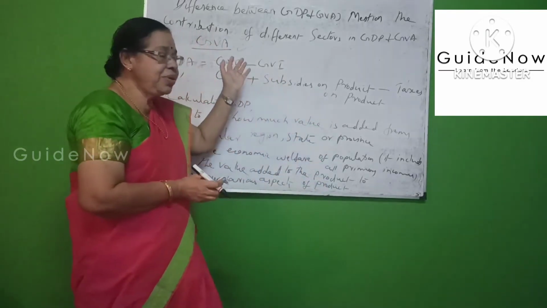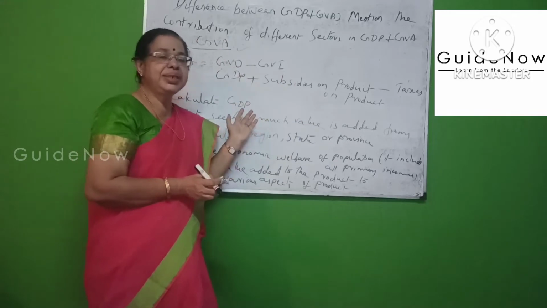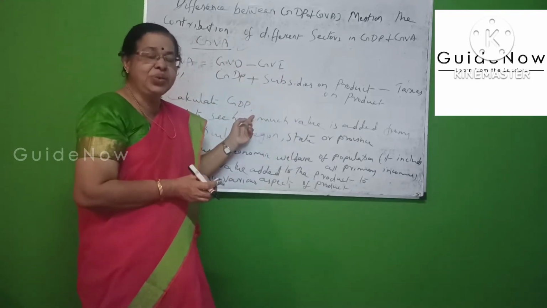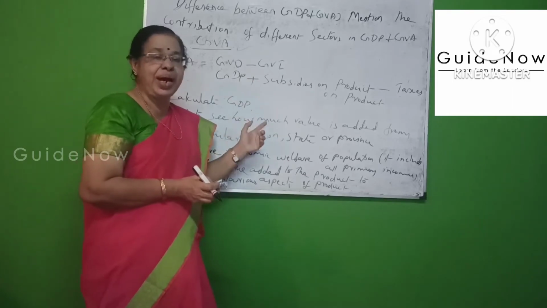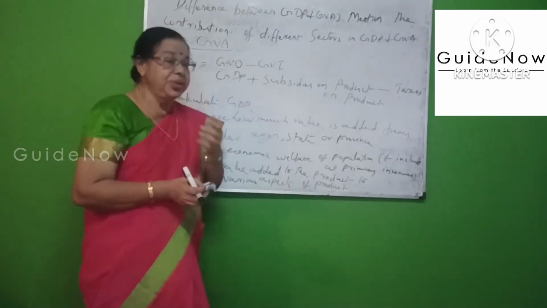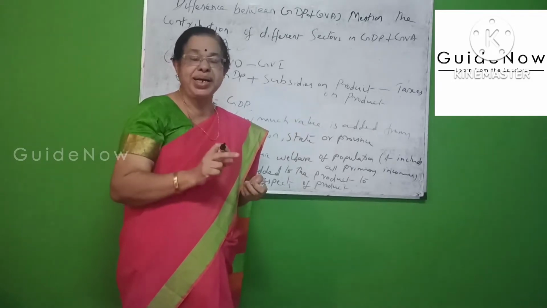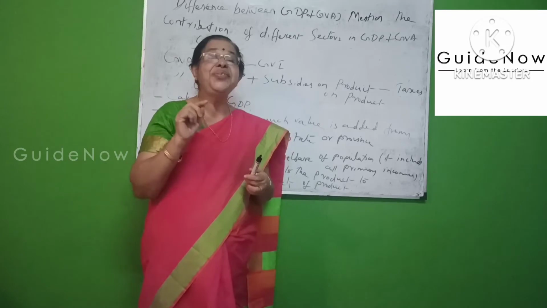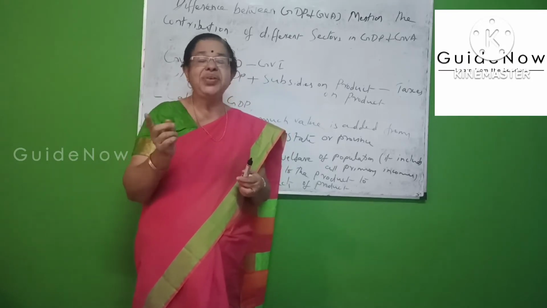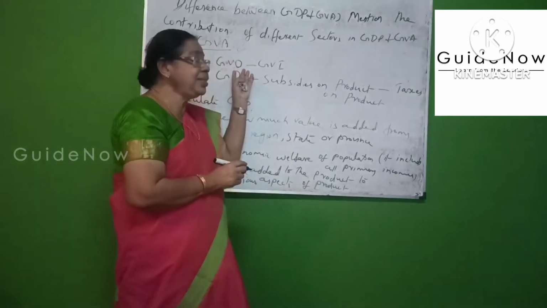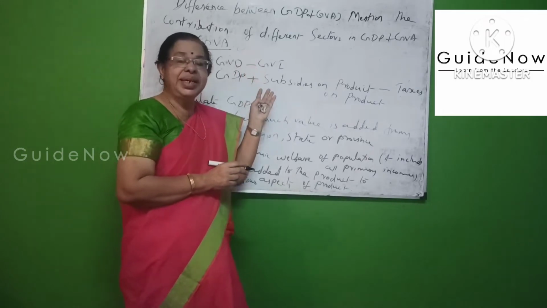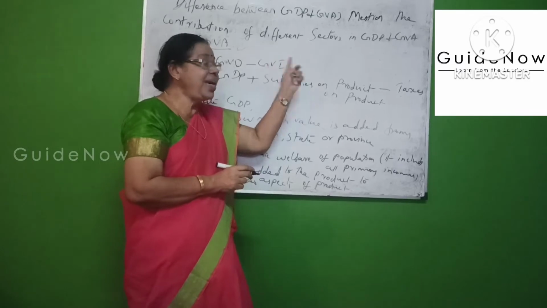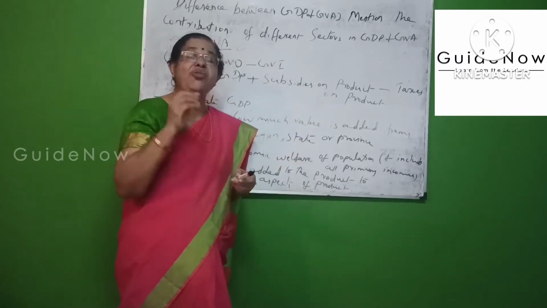What is meant by value added to a product? That is GVA, gross value added. GVA is equal to GVO minus GVI. GVO is the gross value of output, minus GVI, the gross value of input.